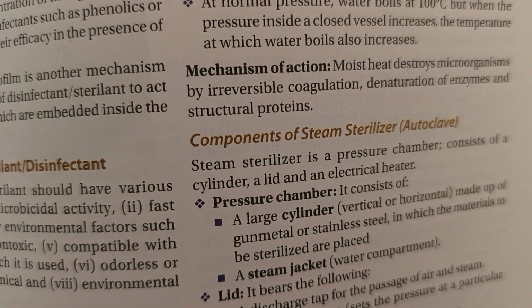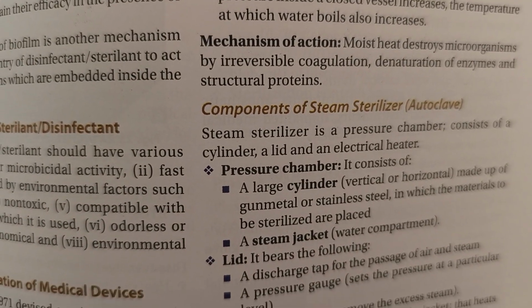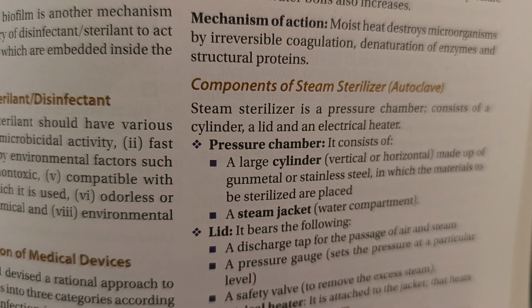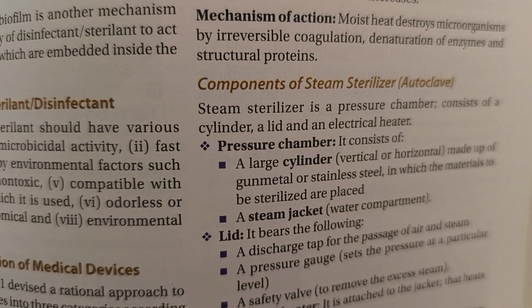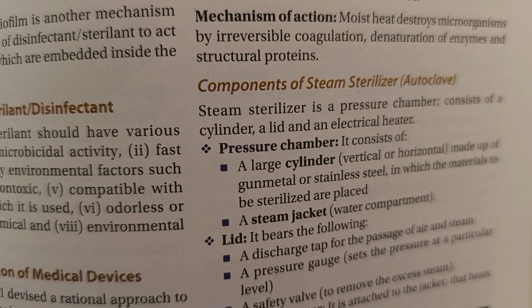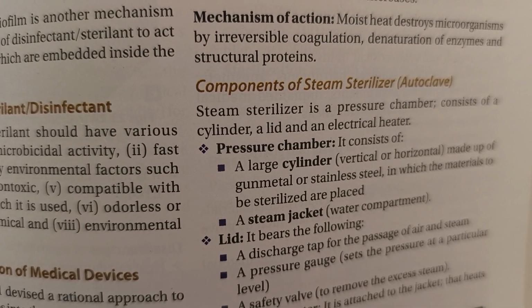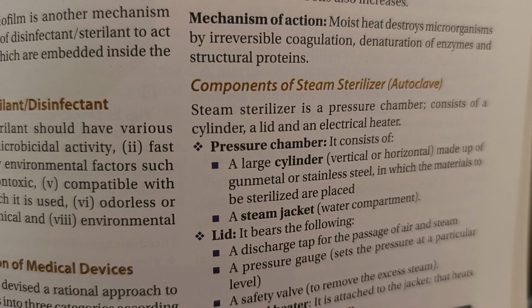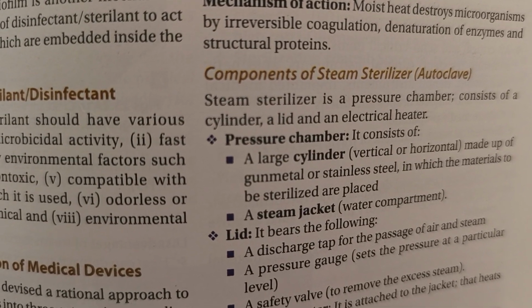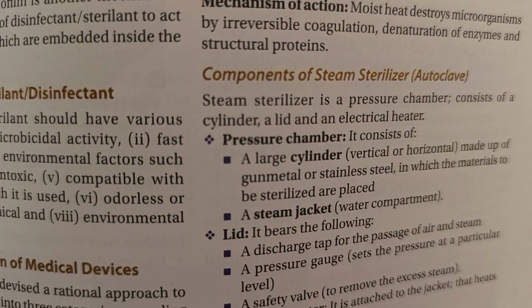It consists of a cylinder, a lid, and an electrical heater. Pressure chamber: it consists of a large cylinder, vertical or horizontal, made up of gunmetal or stainless steel, in which the materials to be sterilized are placed.